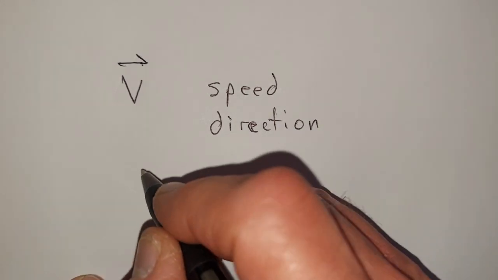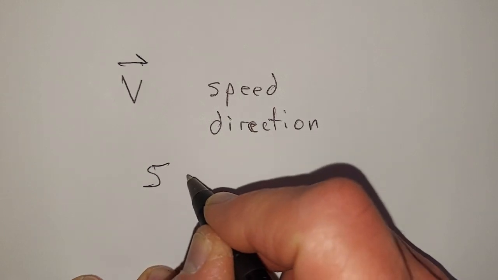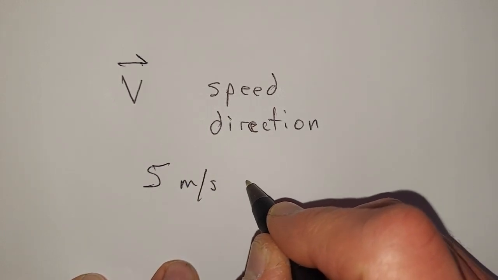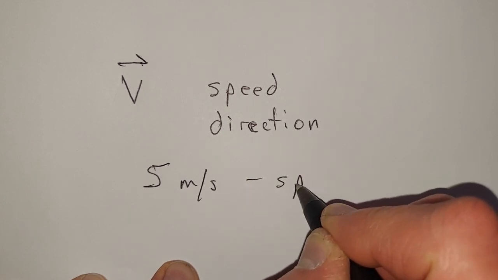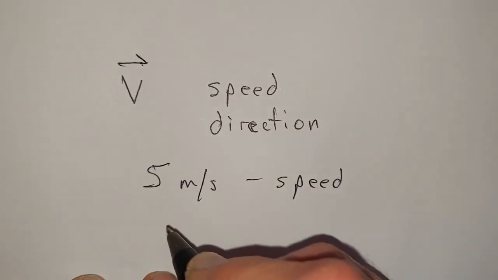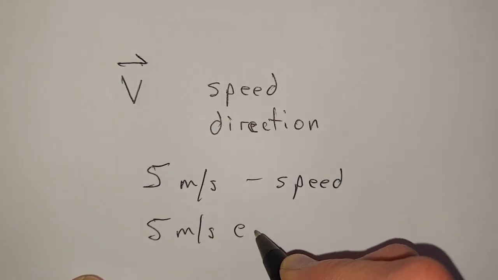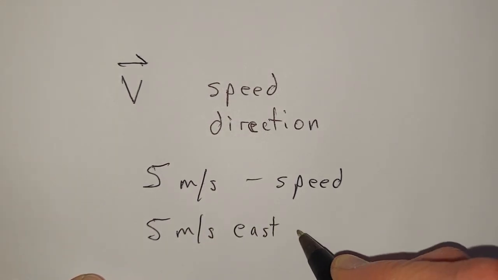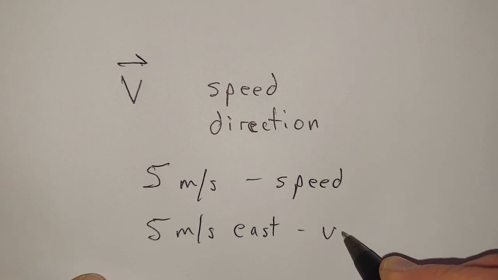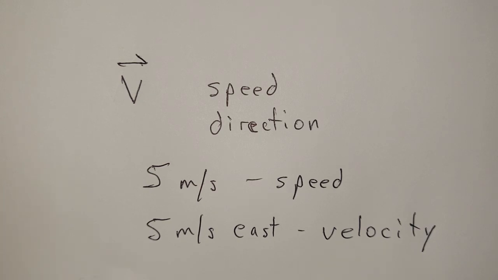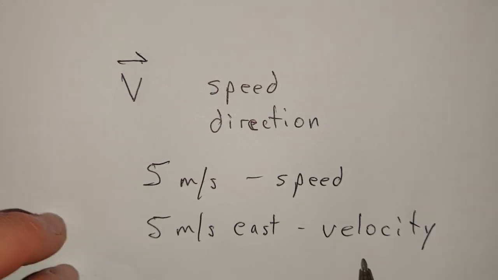For example, 5 meters per second. 5 meters per second is just speed. But 5 meters per second eastward is velocity, because it has both speed and direction.